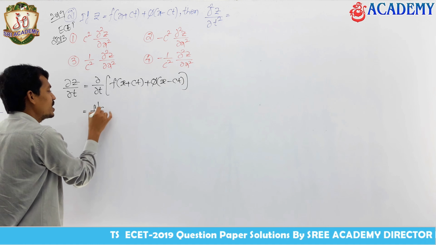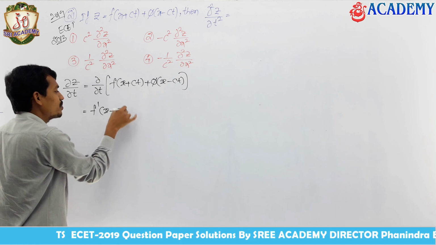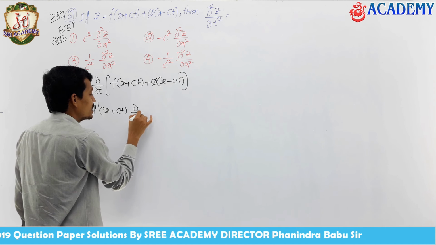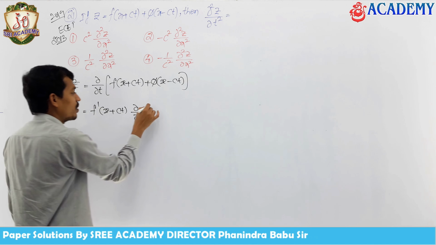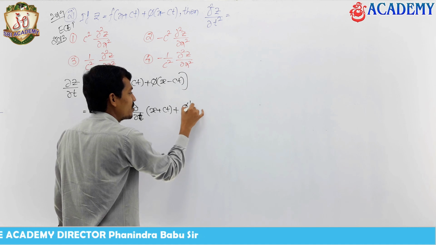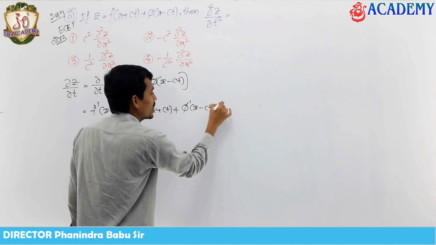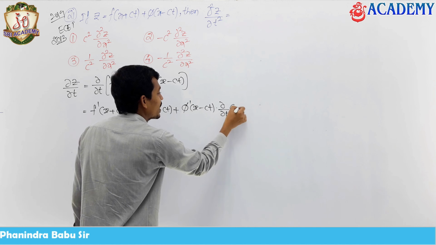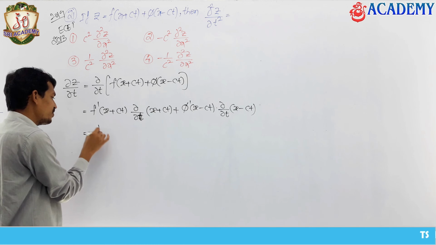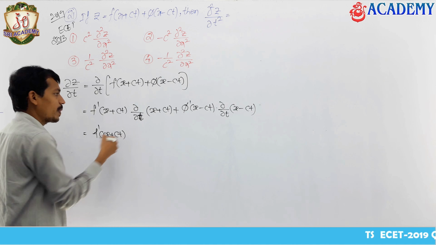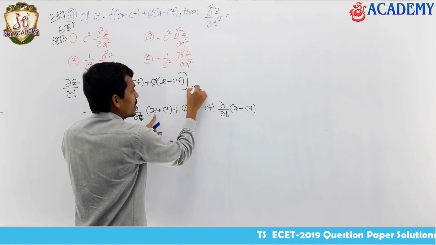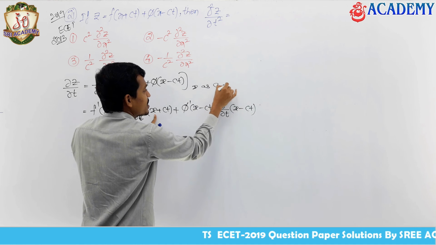Here the derivative is f dash of x plus ct, but in place of x we have x plus ct, that's why we are once again differentiating, dou by dou t of x plus ct, plus pi dash of x minus ct into dou by dou t of x minus ct. Now simplify: with respect to t, x is a constant.